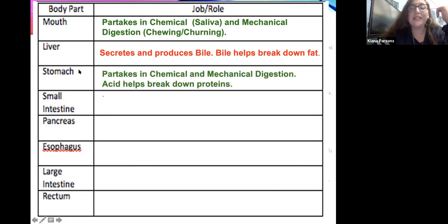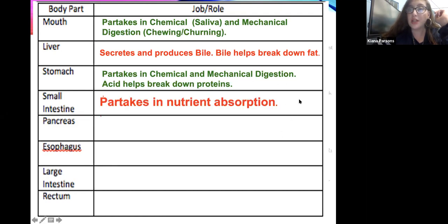The stomach partakes in chemical and mechanical digestion, and the acids as well as the digestive enzymes in the stomach help break down proteins. The small intestine partakes in nutrient absorption. So within the small intestines, that's where the nutrients are being taken back into the bloodstream.